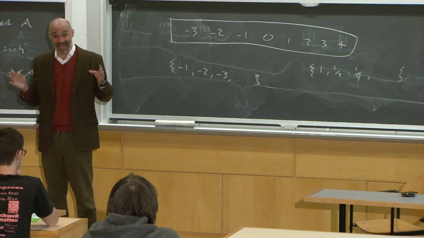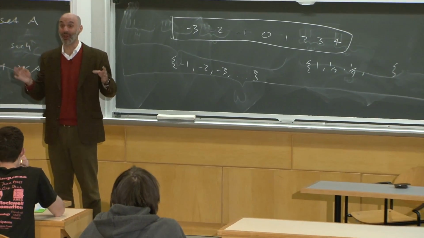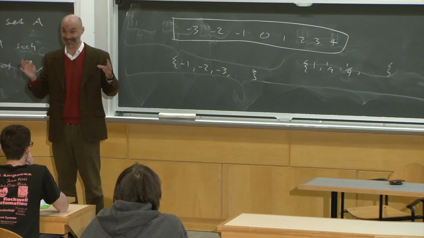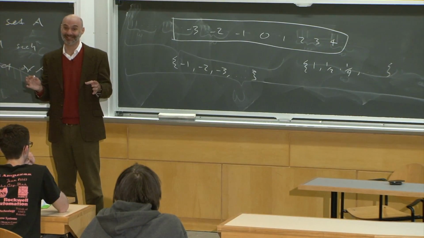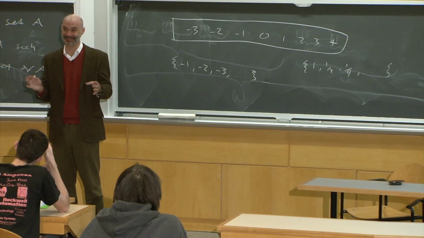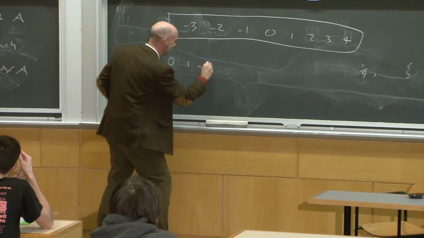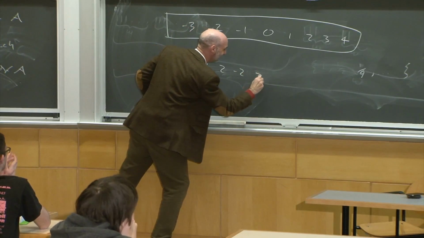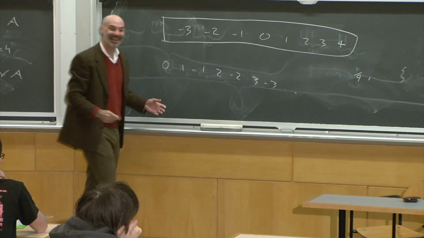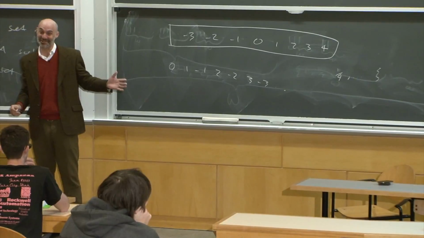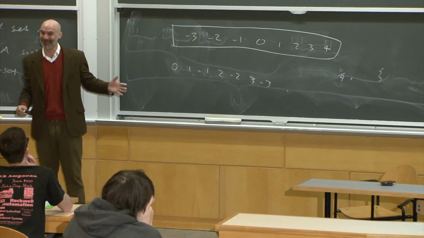So in other words, can anyone give me a well ordering of the integers? Yes? If you start with 0 and then +1, -1, +2, -2, and so on. Excellent. That's right. That weird ordering of the integers is a well ordering.